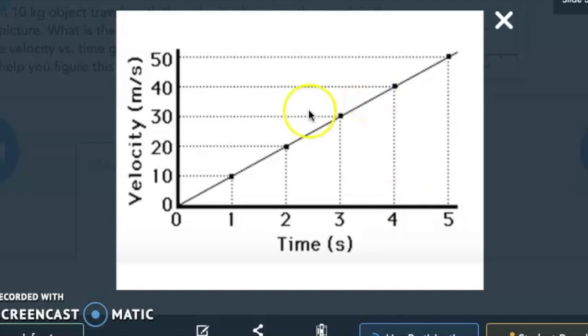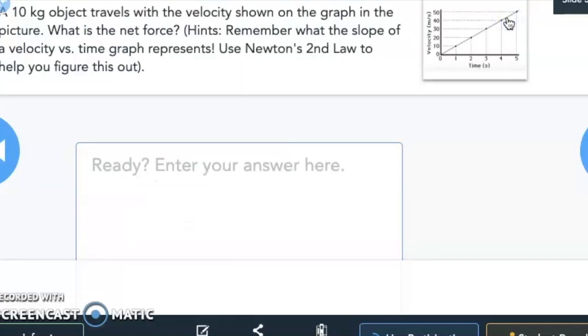If I take the slope of my graph, and I pick my first and last points, I would rise 50 and run 5. That would give me a slope of 10 meters per second squared. I could pick any 2 points on this line and I would get the same slope value. So the first step was to use what we knew about velocity time graphs to discover our acceleration.